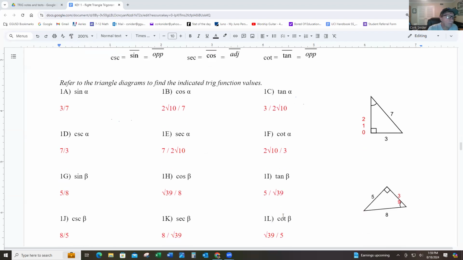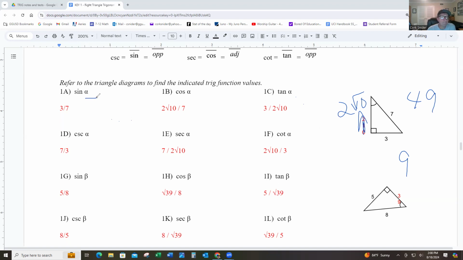I don't like how this is written right here. This is 2 radical 10, right? Because 7 squared is 49, 3 squared is 9, and then 49 minus 9 is 40. 40 is 4 times 10, so it's 2 rad 10, if you remember your radicals.